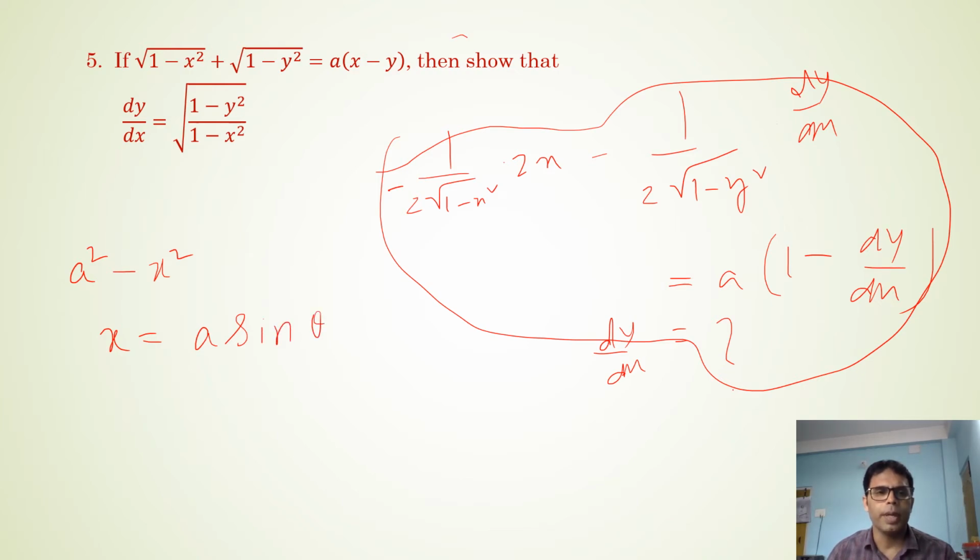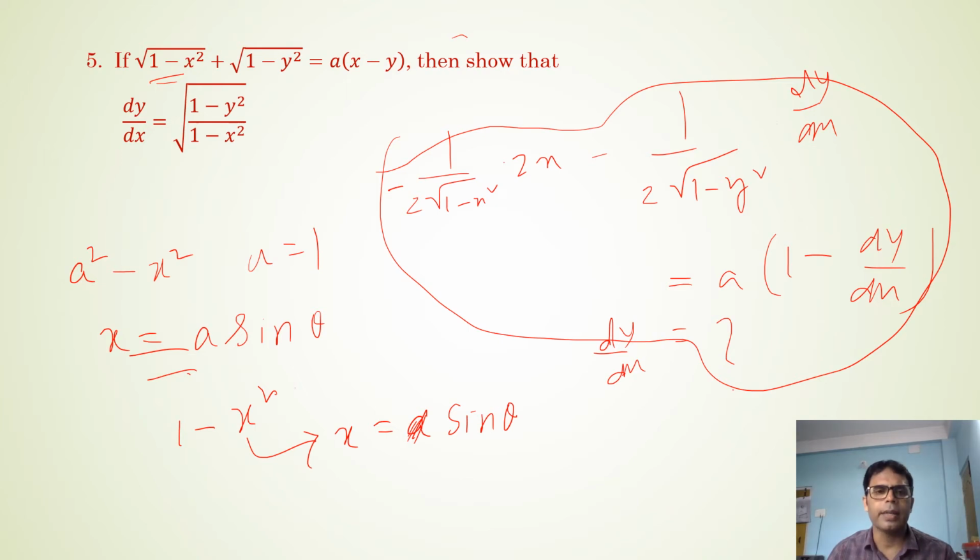But if you compare this with the given question, you will see that here a is equal to 1. That is, the term is 1 minus x². So the substitution for x will be only sin theta, since a is 1.